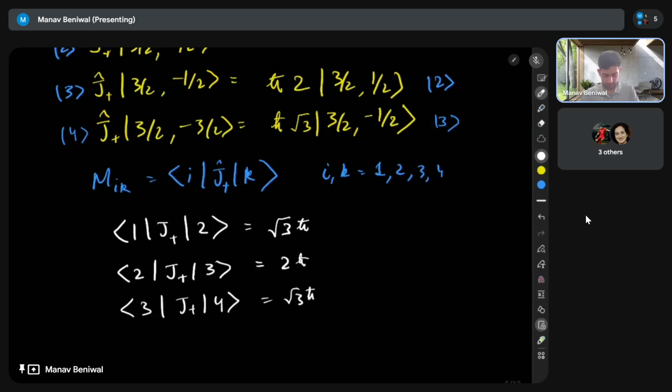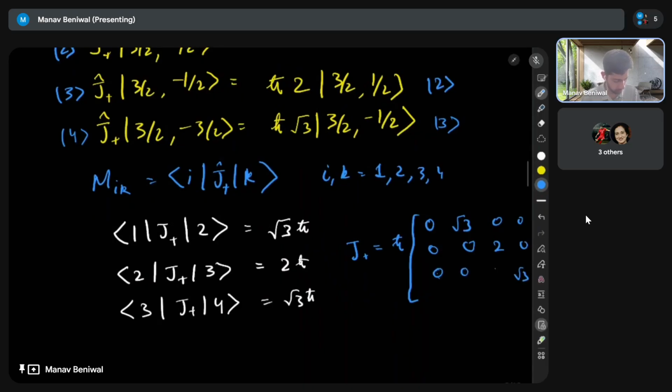So the matrix of j plus, we'll have h cut outside. So here you can see 1, 2, so here we will have root 3, and this will be 2, 3, so here we will have 2, and then 3, 4, which means we'll have root 3 here, and then all other terms are 0.